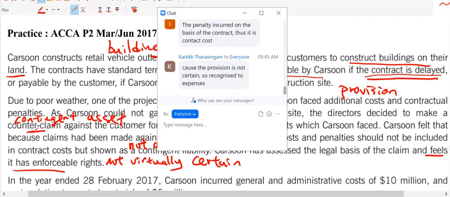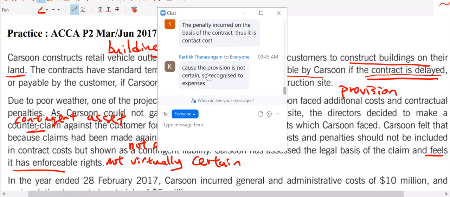Karthik says because the provision is not certain, it is recognized to expenses. So if I follow Karthik's explanation, a provision will always go to other expenses. Cost of sales is also an expense, but cost of sales is a direct cost then.